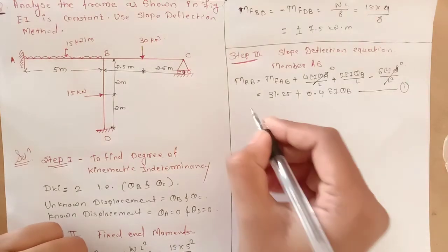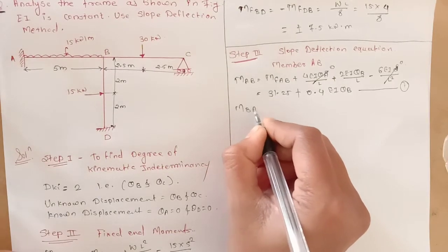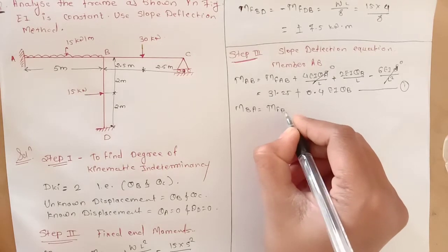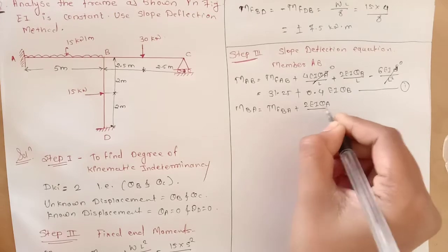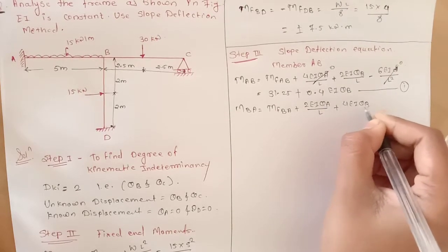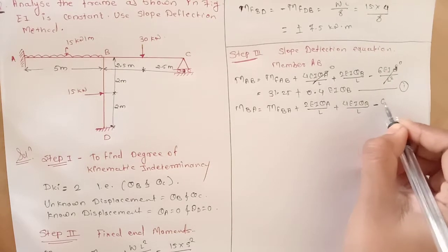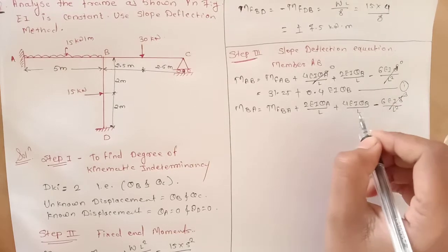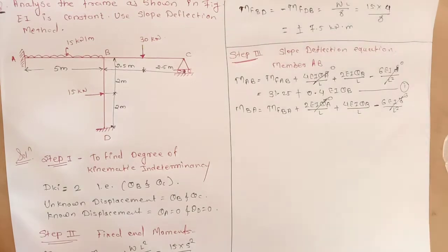The next member is the slope deflection equation for member BA, equal to, the formula is fixed end moment for member BA plus 2EI theta A divided by L plus 4EI theta B divided by L minus 6EI delta divided by L square. So here the delta term is equal to 0 and the theta A term is equal to 0.